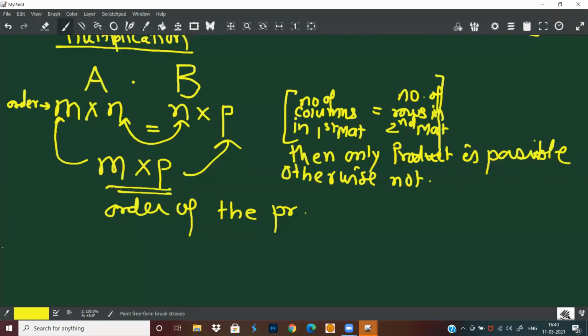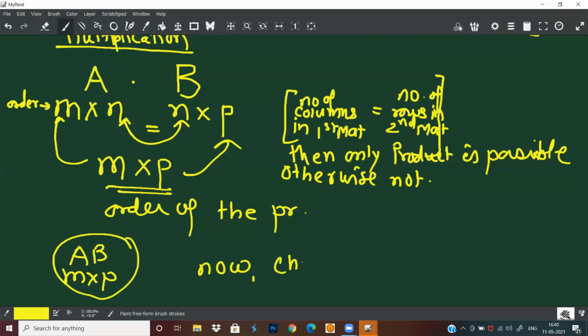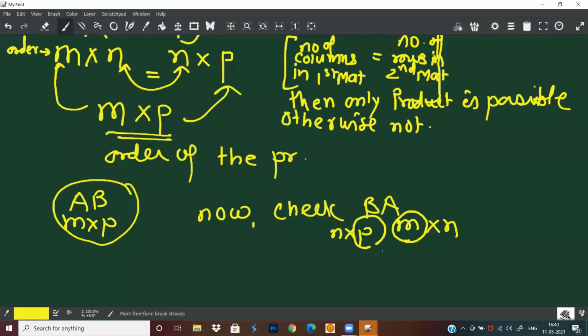Now suppose I took the same order, the order of AB came as m by p. Now if I want to check BA, the order of B is n by p and the order of A is m by n. B into A is wanted. So columns of the first and rows of the second here are not equal. So BA will not exist.